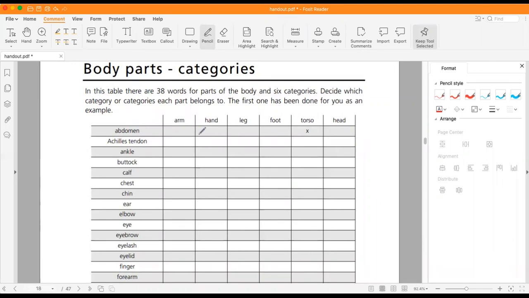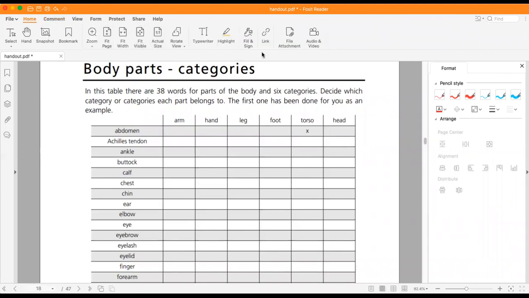For example, Achilles tendon: this is the tendon joining the calf muscle and the heel bone. All right. Let me write it for you.